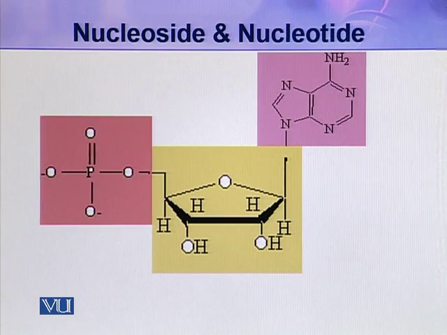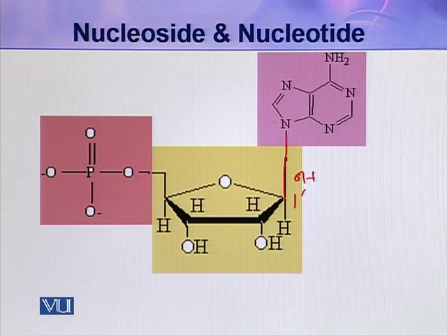So as you can see here, this is a 1' carbon, and at this 1' carbon an OH group is present. So this nitrogen of the nitrogenous base attaches with this 1' carbon of the pentose sugar.